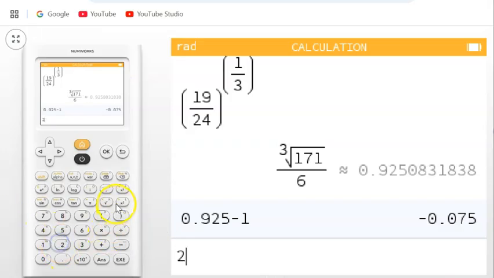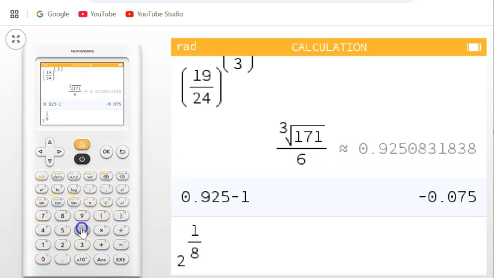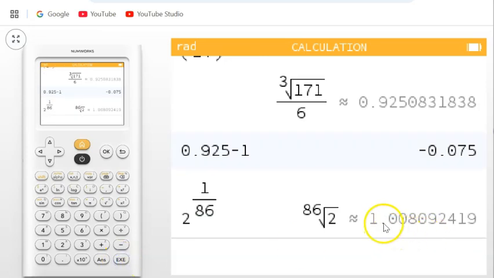So we're going to do 2 to the power of 1 over 86, and we get 1.00809, okay? Now, if we're only going to 3 decimal places, the answer is 1.008, and we'll stop there, okay?